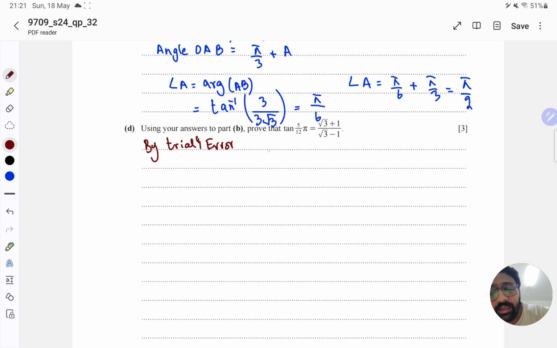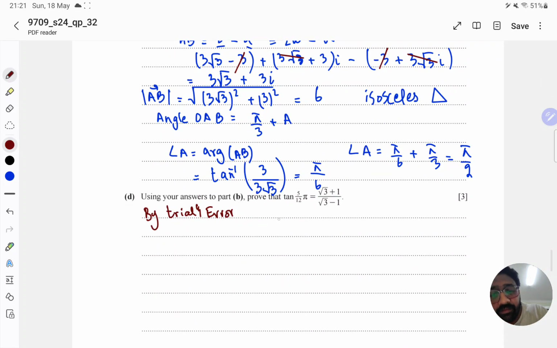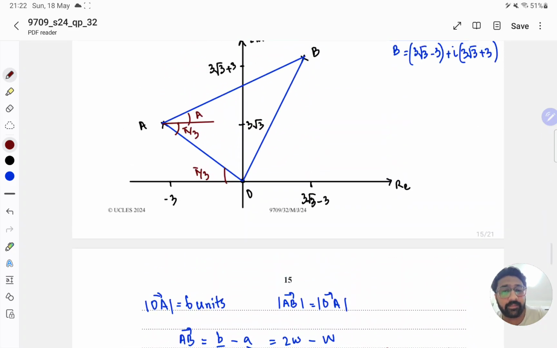What will we have? We have that 5 pi by 12 is basically equal to 2 pi by 3 plus minus pi by 4, from this angle.